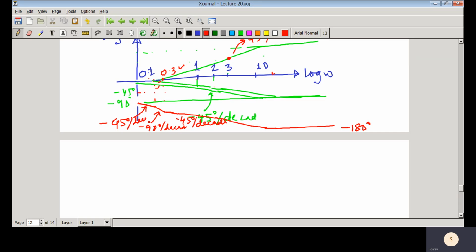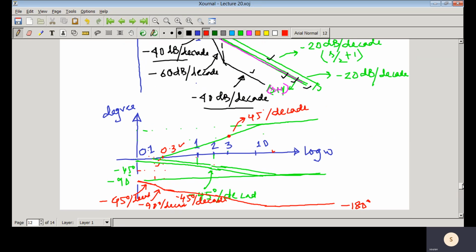So here in the angle, what we have done is we have individually plotted those slopes, and then we found that the slope will go like this. Initially it would be minus 45 degree, and after that minus 90 degree, because these two slopes will be added, and after that there will be a positive slope. Then again minus 45 degree, and finally it goes to minus 180 degree.